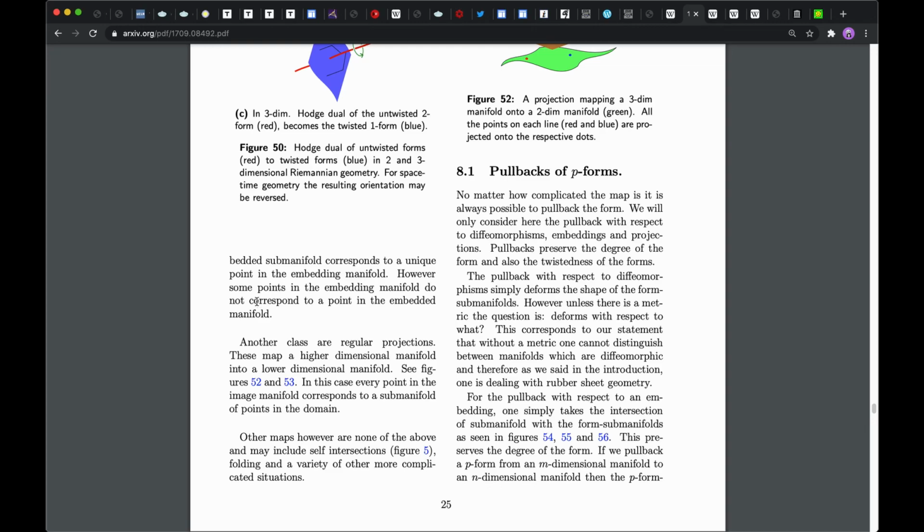But some points in the bigger one do not correspond to any point in the smaller one. One more class of these smooth maps are regular projections, and they work the other way around, so they map higher dimensional manifolds to lower dimensional ones, and the whole process is reversed in that case.